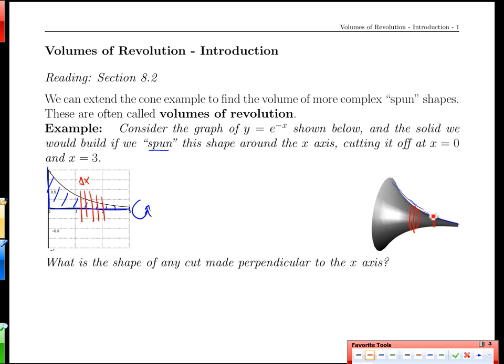If I cut here, I'm going to get a thin cylinder, delta x thick, with a circle as a cross section. So we're going to get thin cylinders wherever we cut, as long as we cut perpendicular to the x-axis, because we're spinning around the x-axis. We get a circular cross section with just a little thickness, delta x.